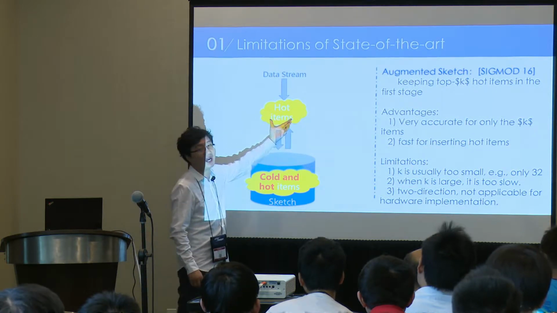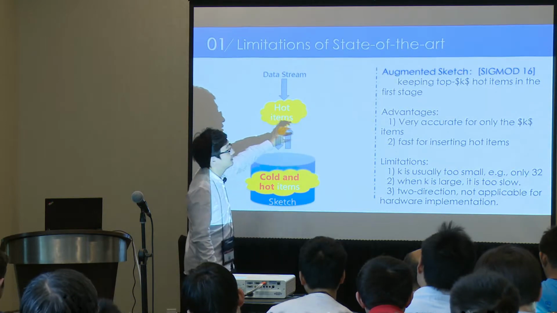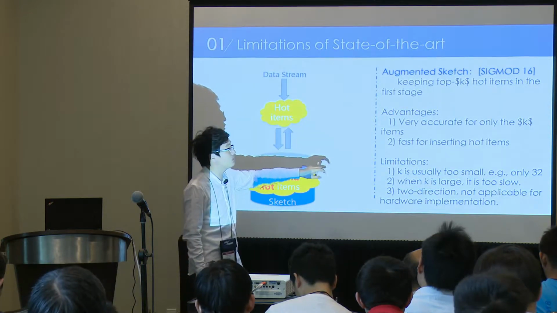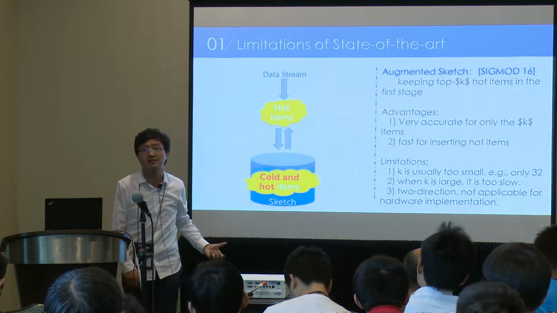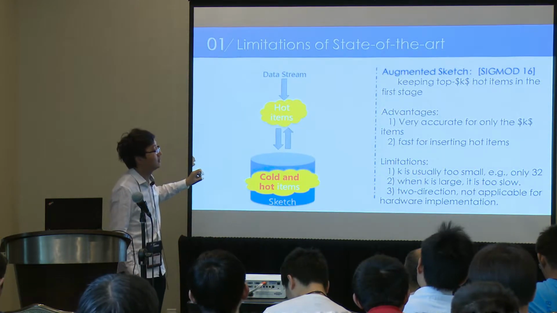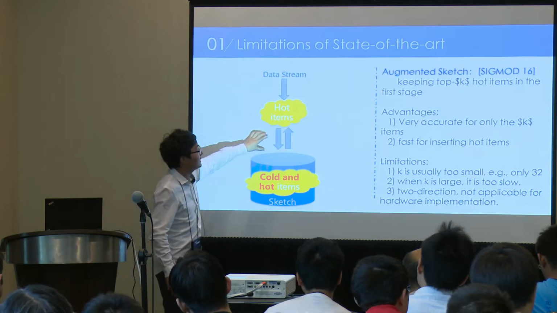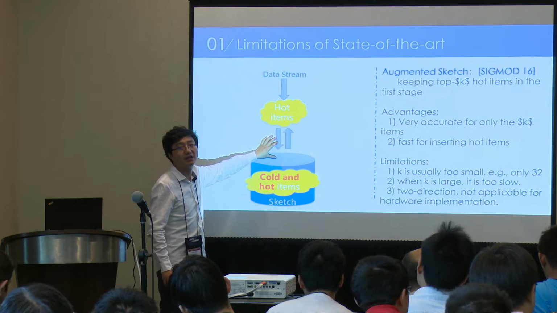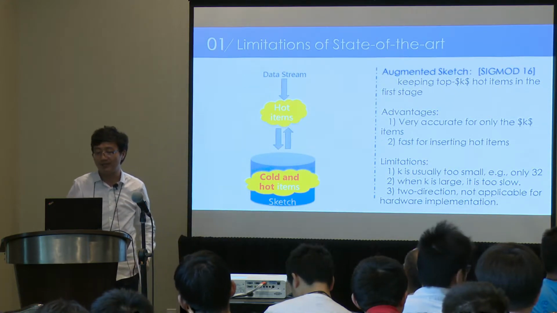It used just one array, so the array cannot be very long. The authors recommend using only 32 atoms for the hot atoms in the first stage. So this is a 2-direction exchange. It cannot be implemented in hardware.